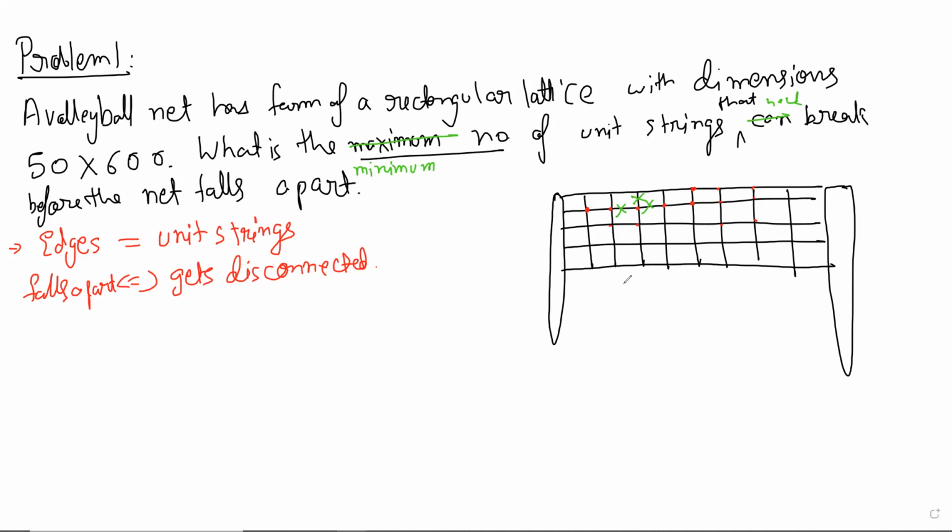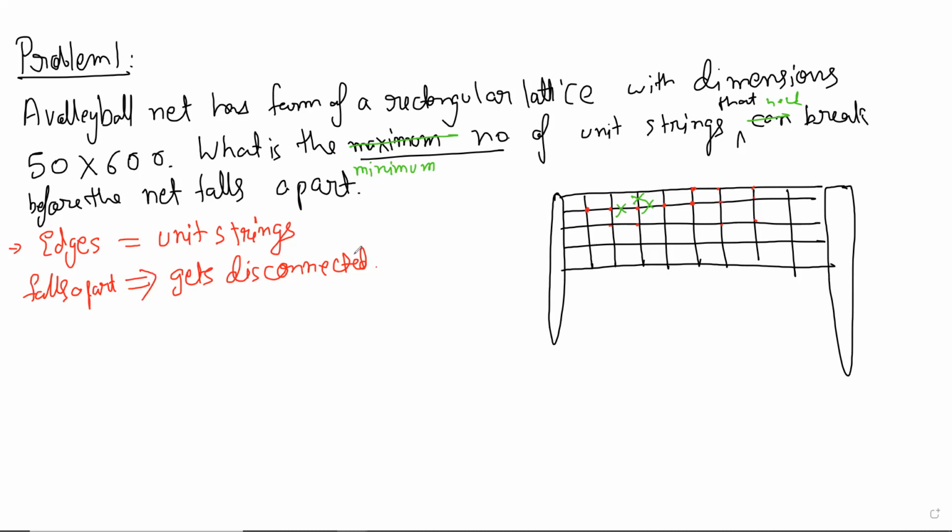One string is not enough, but let's make sense of this falling apart. Is falling apart the same as getting disconnected? There's a slight problem. Falling apart definitely implies that it gets disconnected.